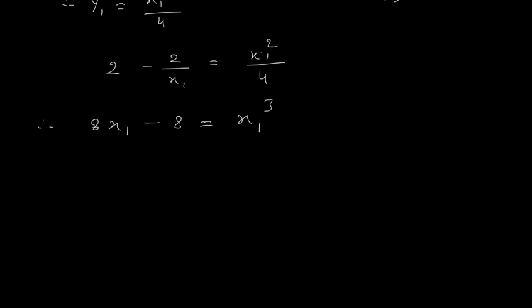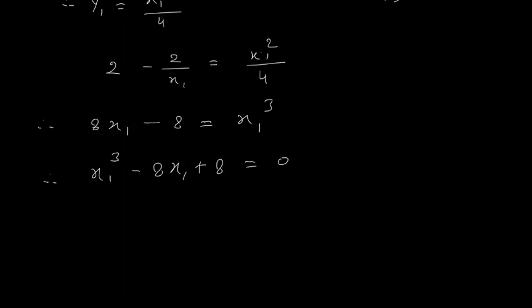So therefore I have x1 cube minus 8x1 plus 8 is equals to 0. x1 cube minus 8x1 plus 8 equal to 0. Now I have to find the value of x1.